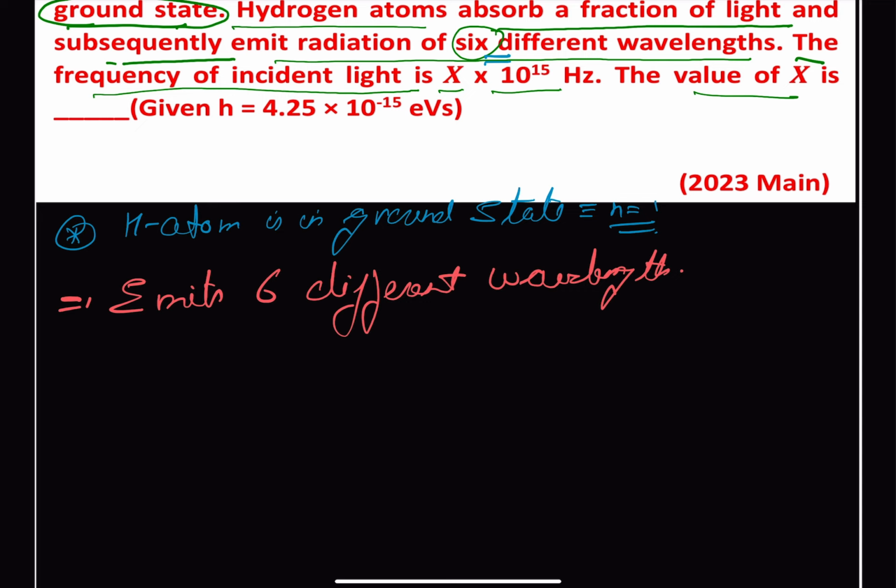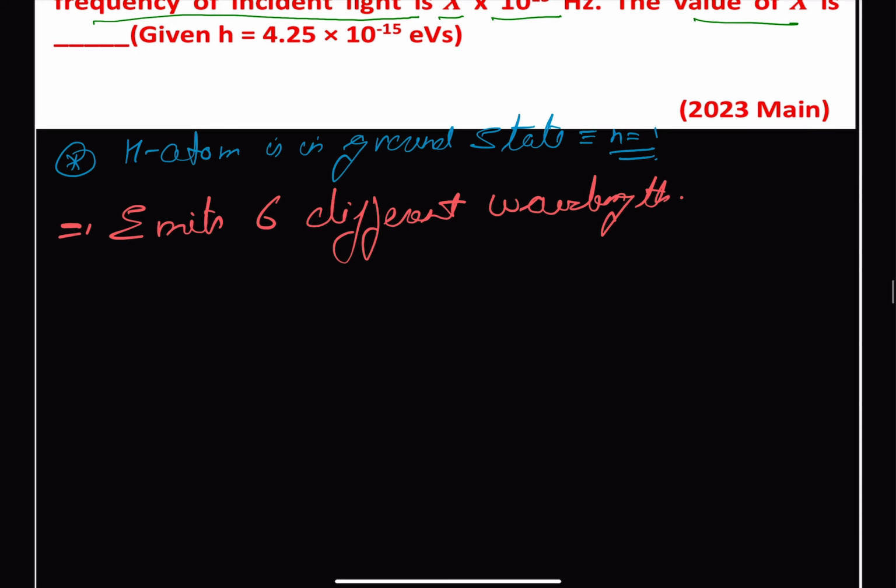From these 6 different wavelengths, we can say that the final value of n will be equal to 4.